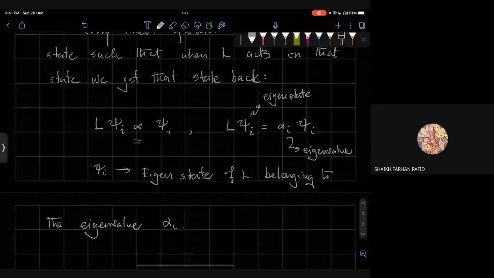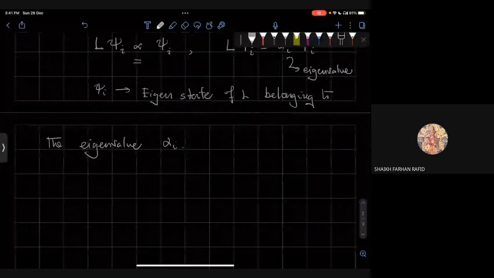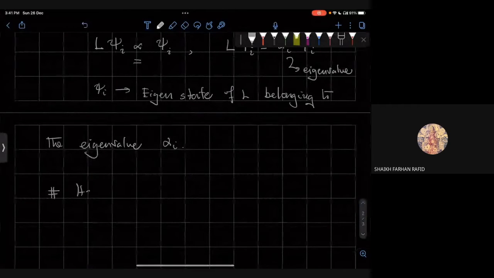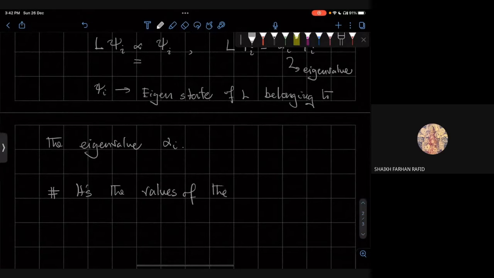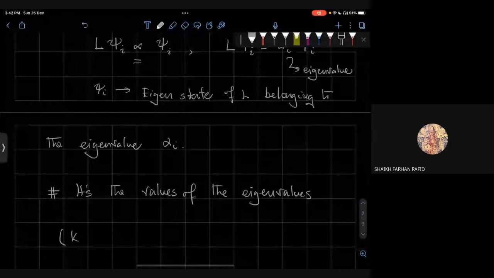So in some sense, it's really the eigenvalues and the eigenstates that characterize an operator. The set of eigenvalues is known as the eigenvalue spectrum.